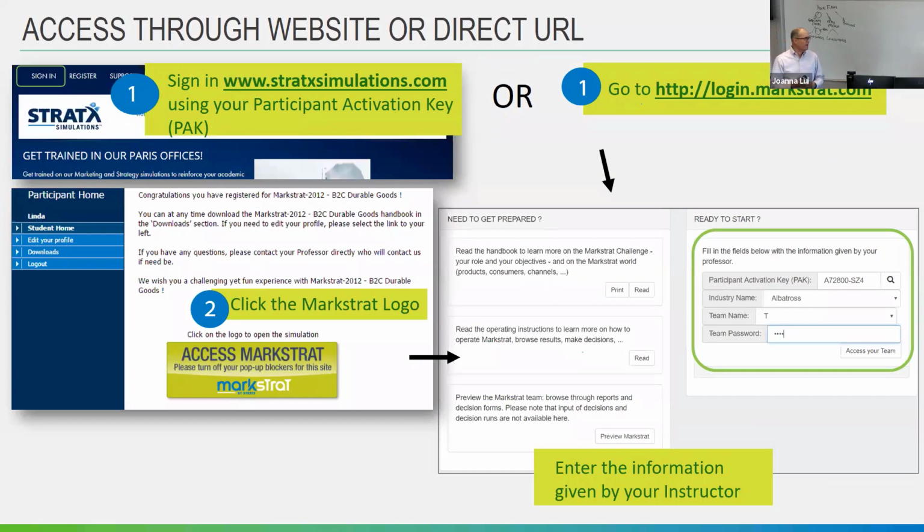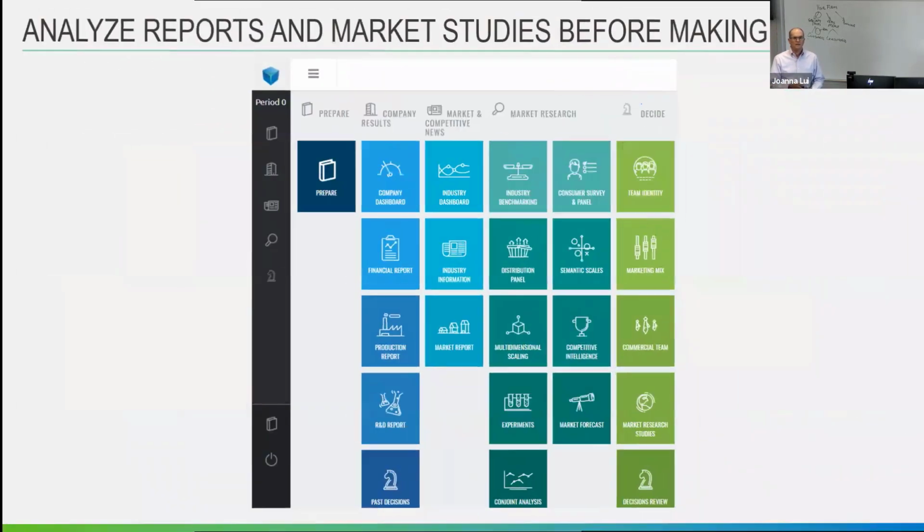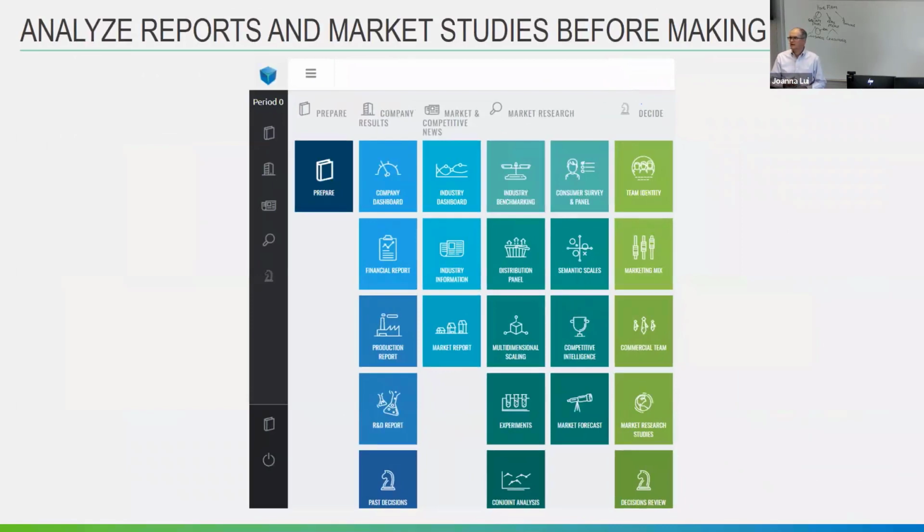Joanna and I will provide your team name and your password, and the industry name will be Albatross. Once you log in, up will pop a screen that looks kind of like this, and every one of those boxes you can click on.